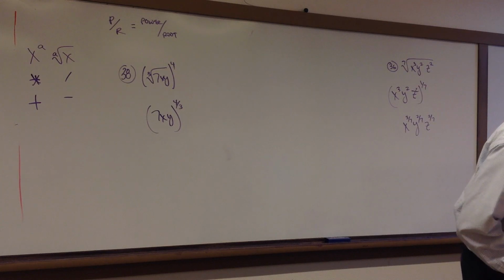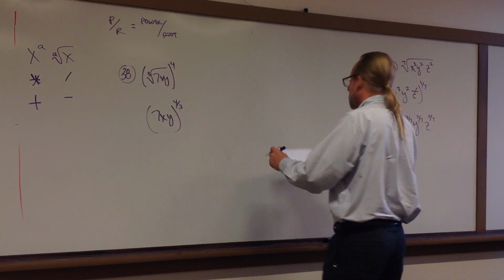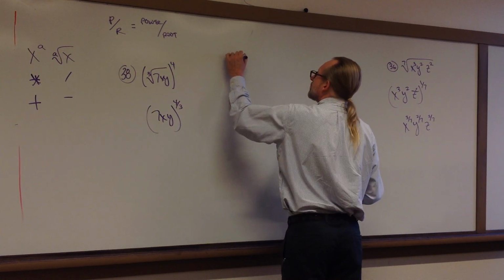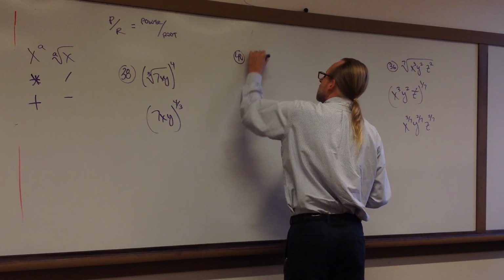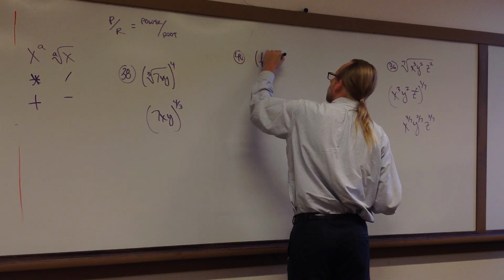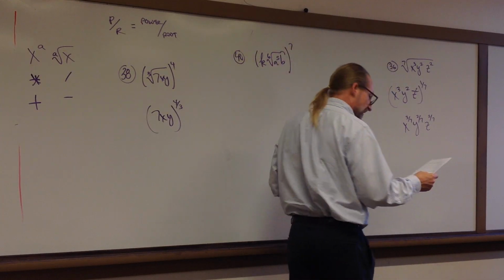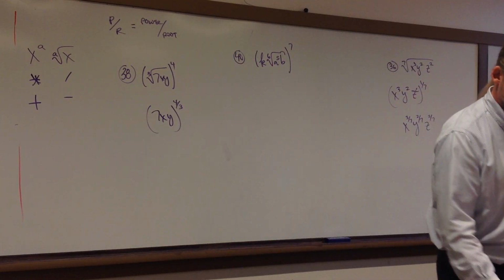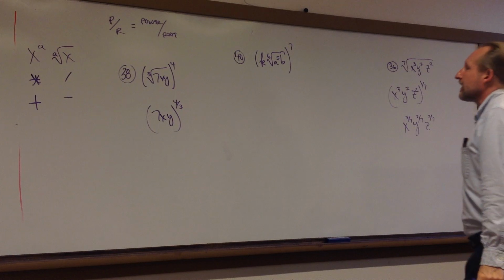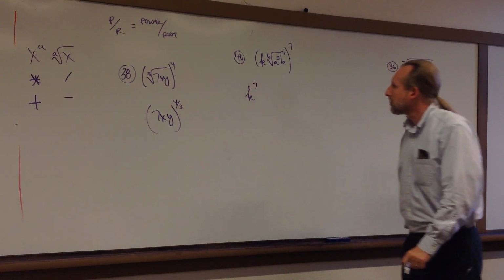All right, we got one more problem here. Problem 40. Notice you've got that k outside of the root symbol. Let's see, k, and then the 6th root of a to the 5th b, and then all of that is getting raised to the 7th power. Wow, okay. A lot going on here. Well, that k is going to get raised to the 7th power.